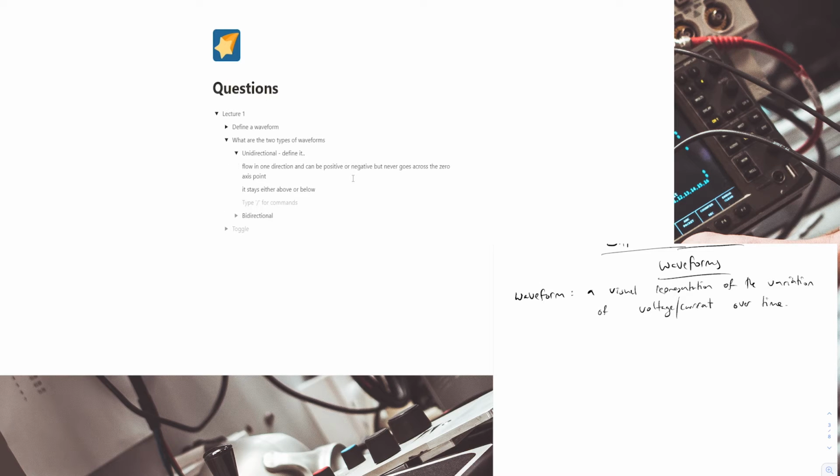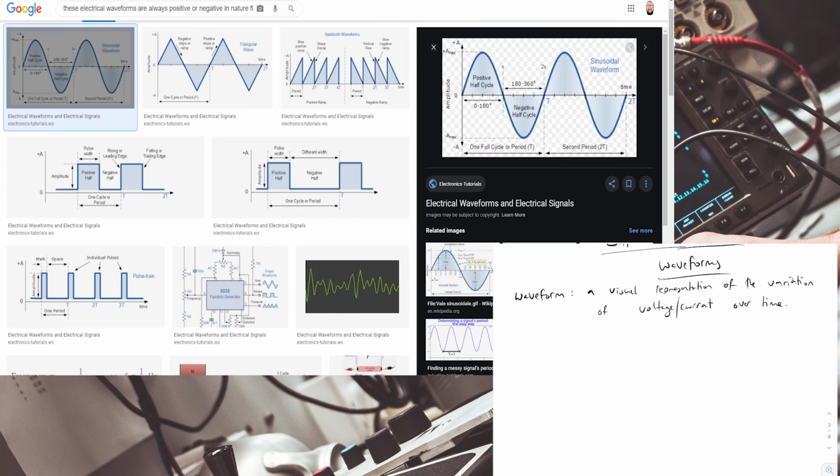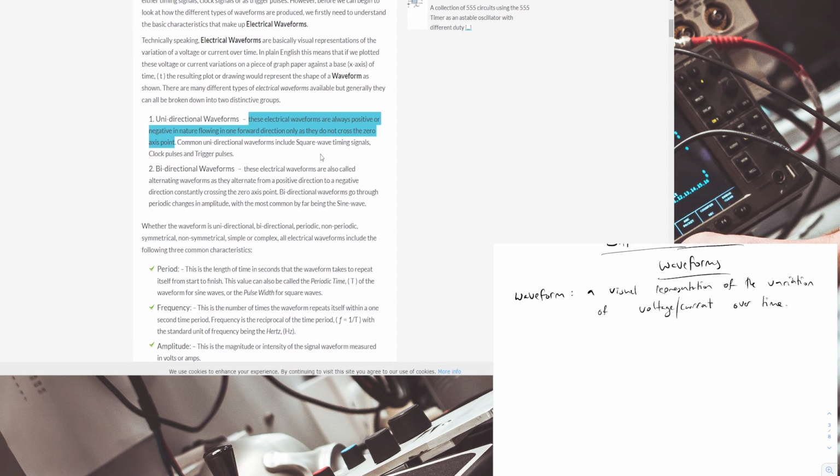And then now we can put as well here, what are some examples of unidirectional waves? So you've got the clock pulses, you've got trigger pulses, and then the other one was a square wave timing signal.